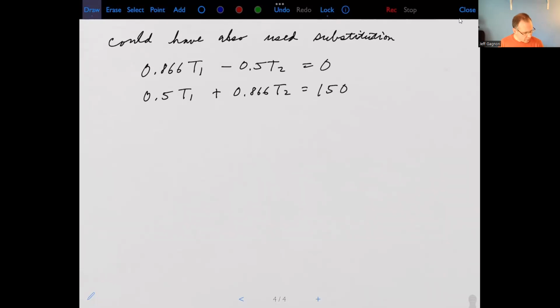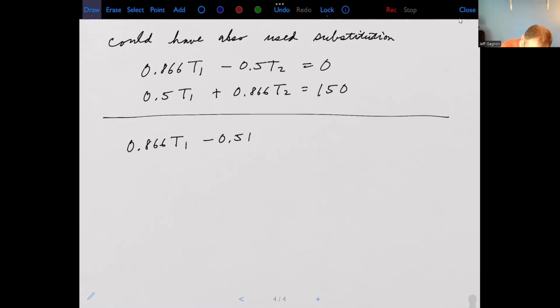So we could have chosen one of the variables to solve for in one of the equations. In that first equation, let's solve for T1.